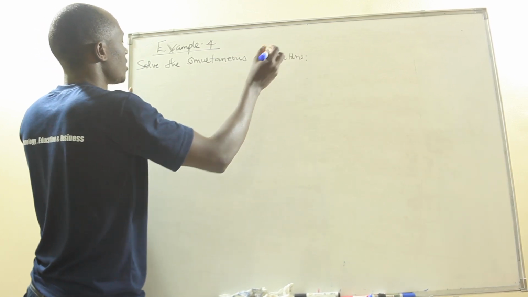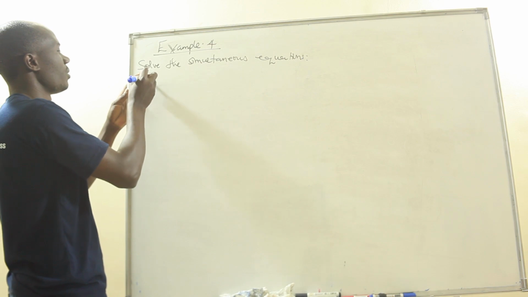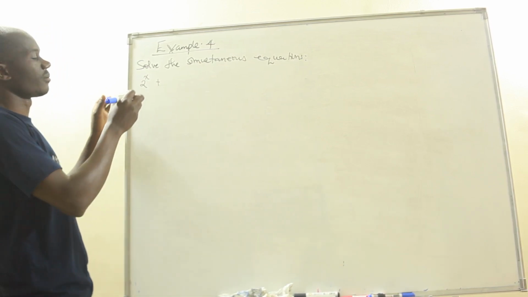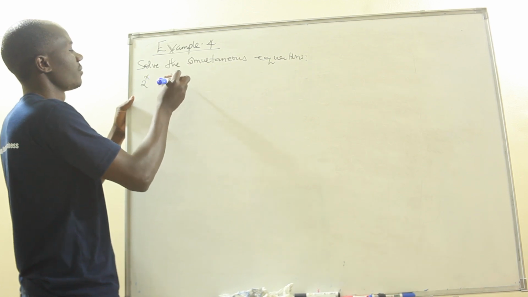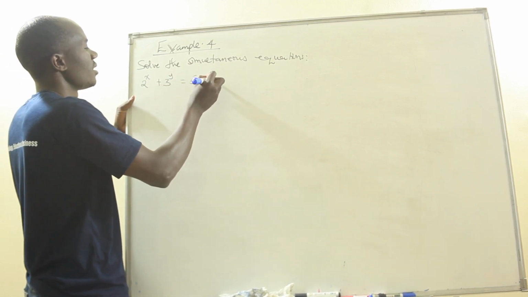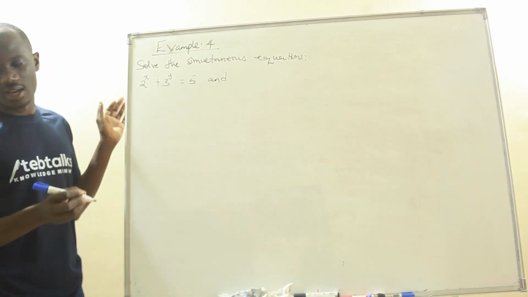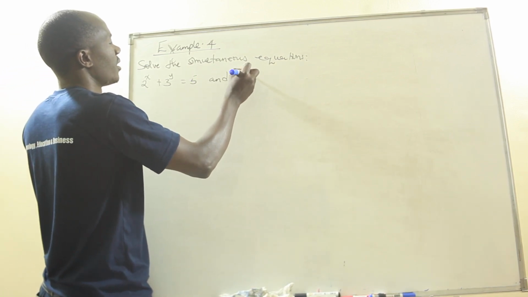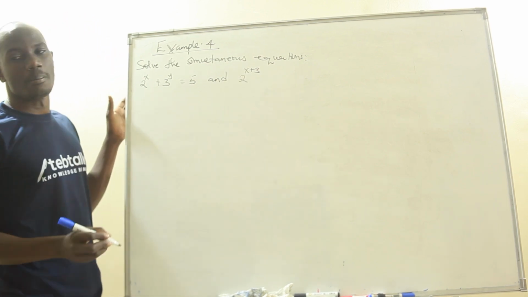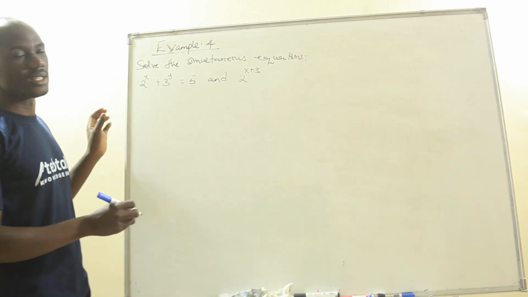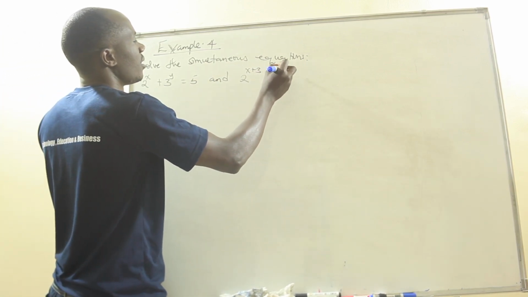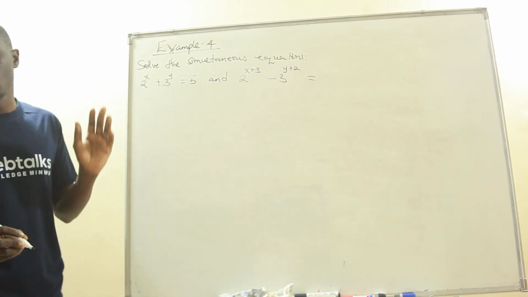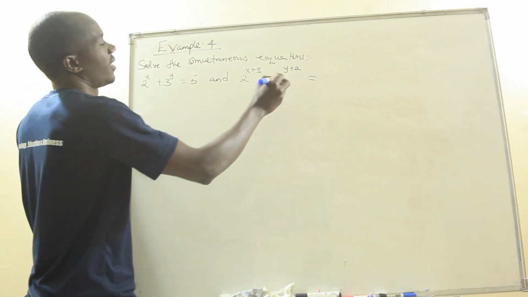Solve the simultaneous equations. We have 2 power x plus 3 power y equals 5, and 2 power x plus 3 minus 3 power y plus 2 equals 23.